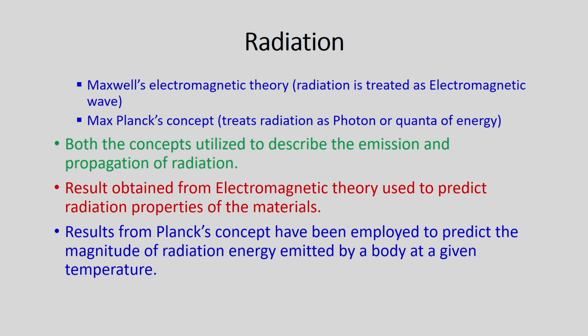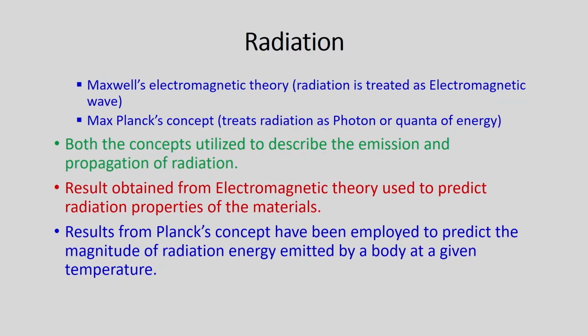As per Maxwell's electromagnetic theory, radiation is treated as electromagnetic wave, and as per the concept proposed by Planck, this radiation is treated as photon or quanta of energy. Both the concepts are utilized to describe the emission and propagation of radiation.